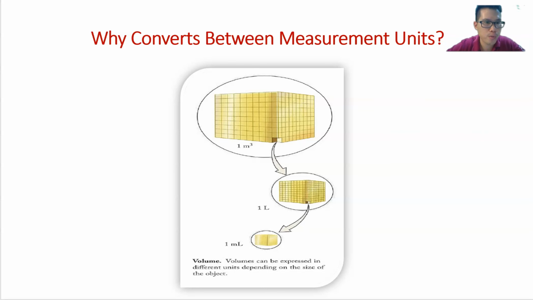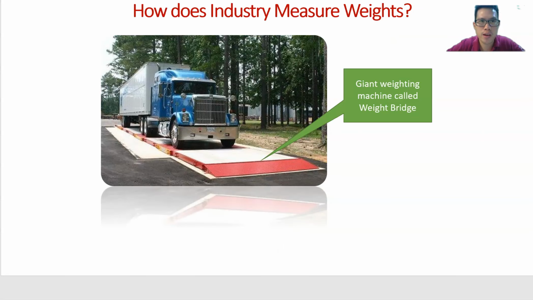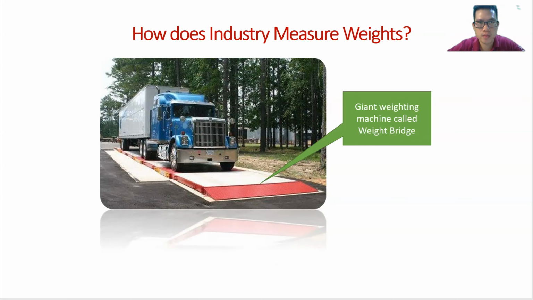Okay, if you're looking at some of the factories, how do factories measure the weights? Usually it comes by a truck with a container. So when the empty container comes in with the truck, they will go to a giant weighing machine and measure the weight of the empty container and the truck. Once loaded, they will go back to the weighing machine and measure again.